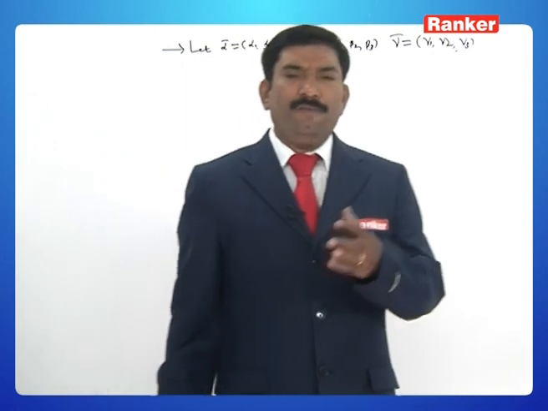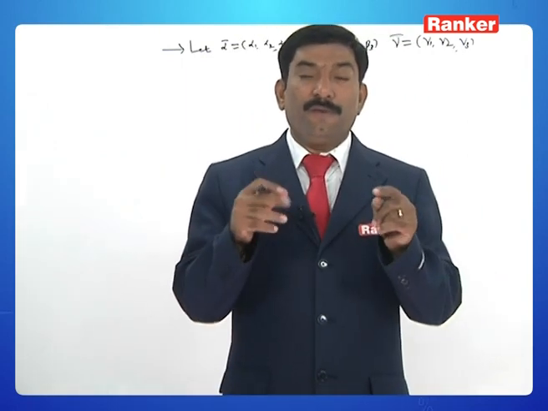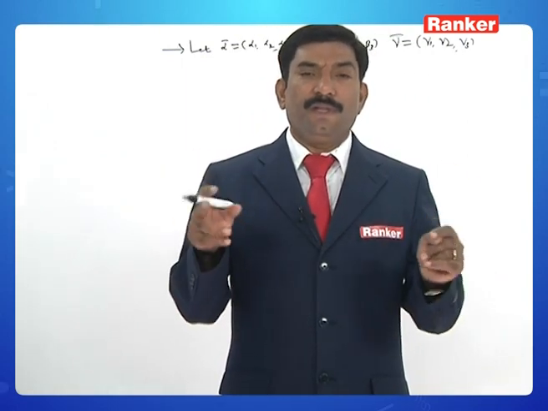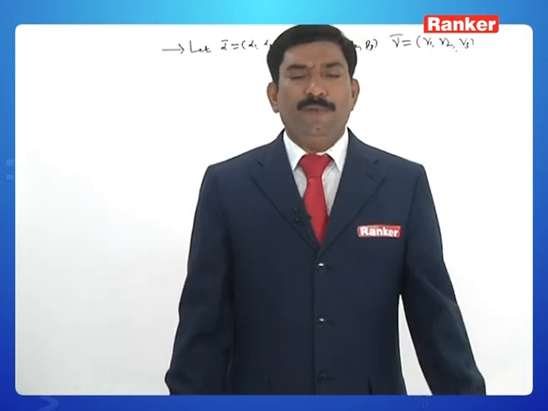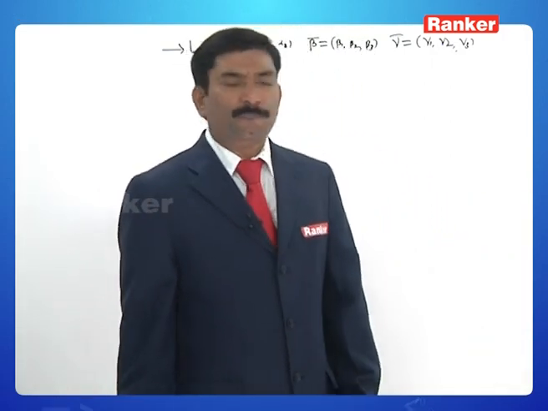Means alpha bar is equal to alpha 1 into i plus alpha 2 into j plus alpha 3 into k. Similarly, beta bar and gamma bar.